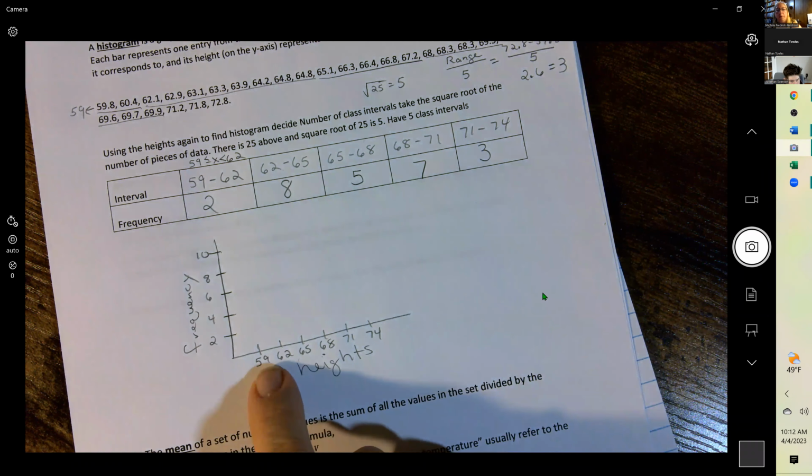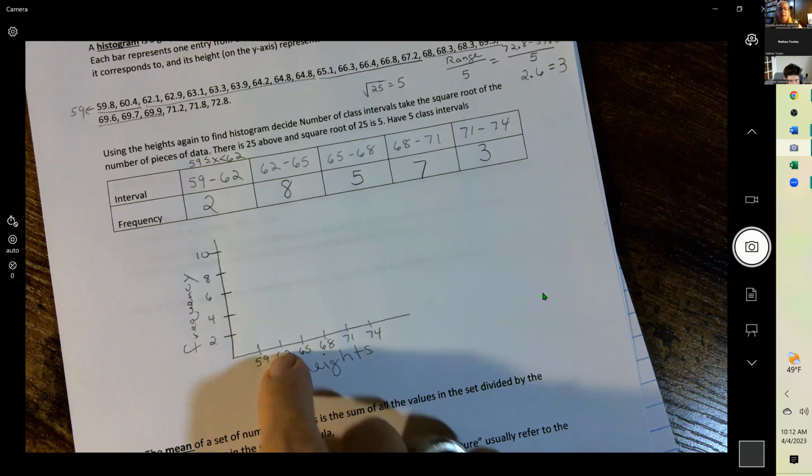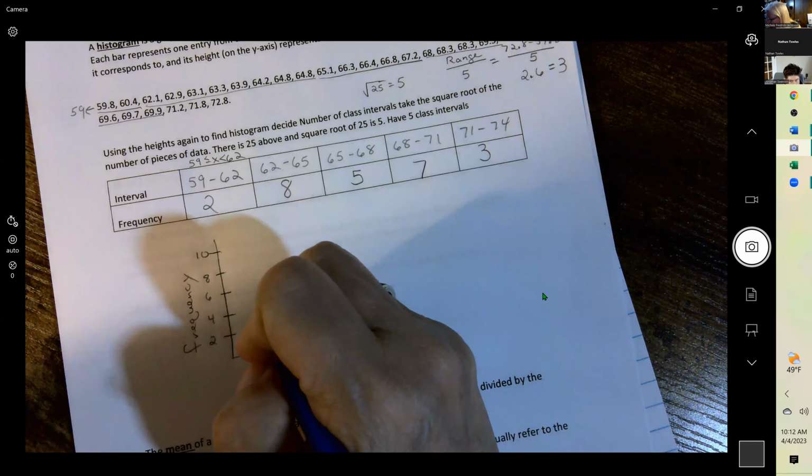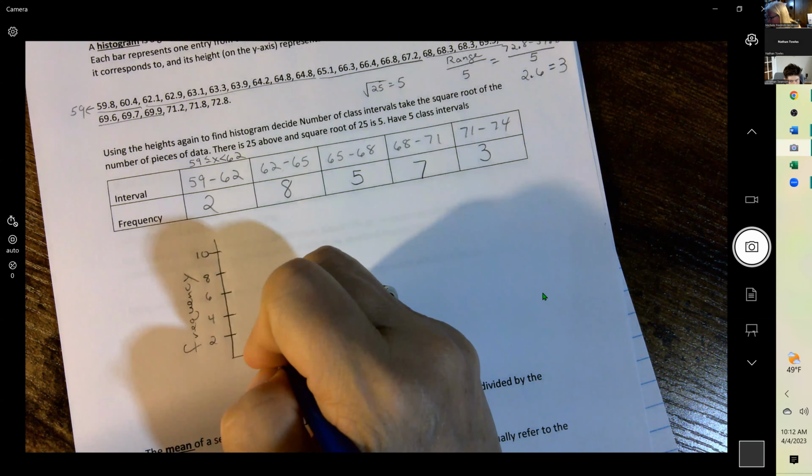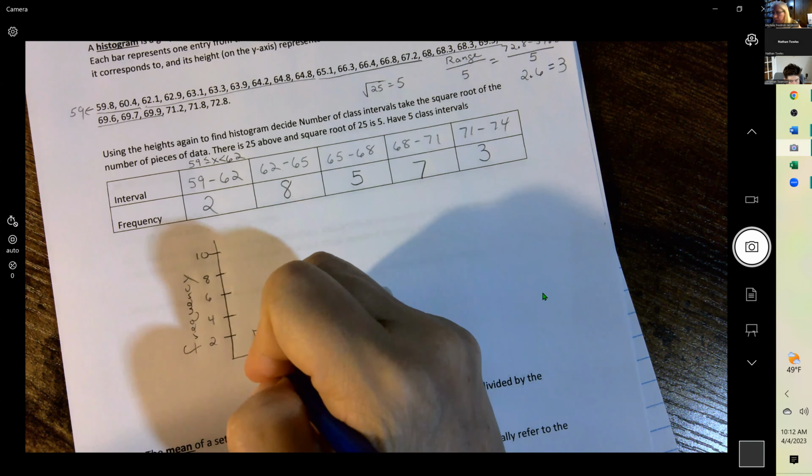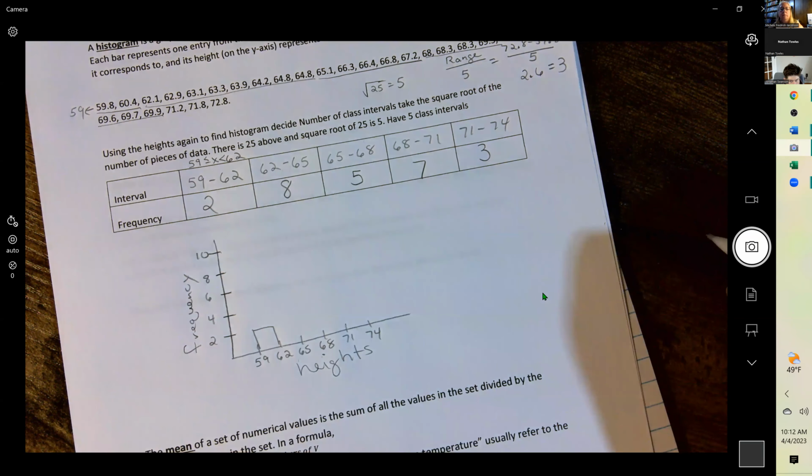So this first bar from 59 to 62 is 2. The next one goes up to 8.